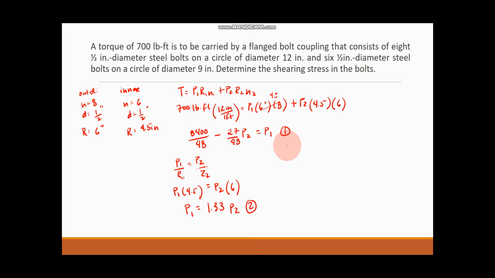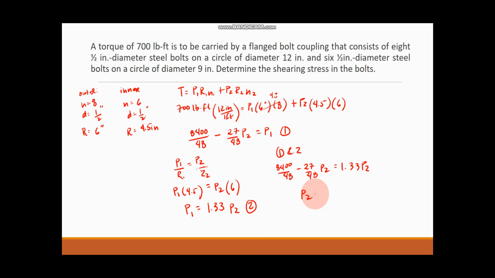So solving simultaneously using equation 1 and equation 2, equate lang natin. So 8,400 all over 48 minus 27 all over 48 of P2 is equal to 1.33 of P2.